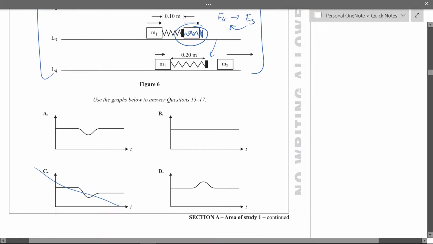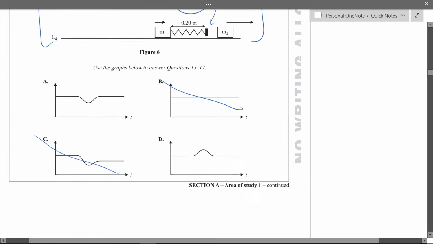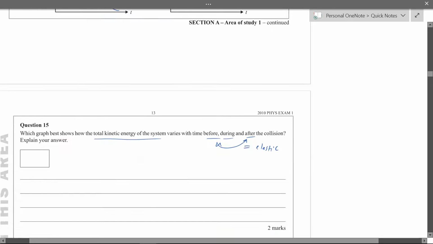It can't be B because it changes, so it can't have been the same the whole time. We know we're losing EK and then gaining it. So it's A, not D, because we would be gaining EK before we lost it, and that wouldn't make sense because there's nowhere to gain it from. So the answer to 15 is A.